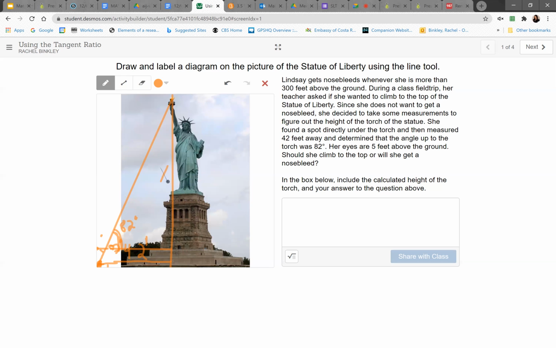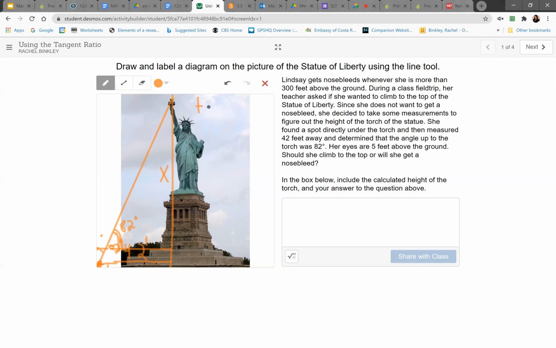We want this to be our variable. We're trying to figure out how many feet it is up to the torch. So we want to know the rise, and we have the run, and we have the angle. So we know that the rise is the same as the opposite, and the run, this 42 feet, is the same as the adjacent. So we can use the tangent.